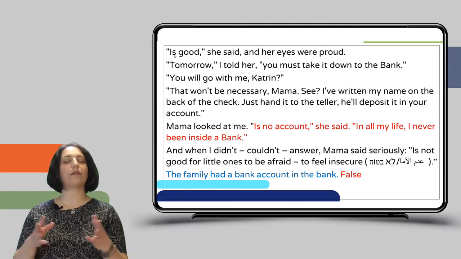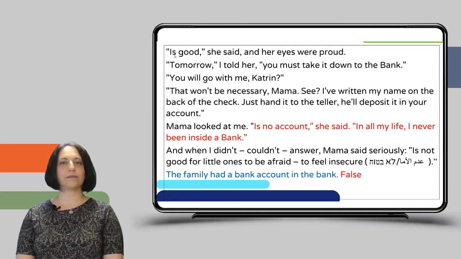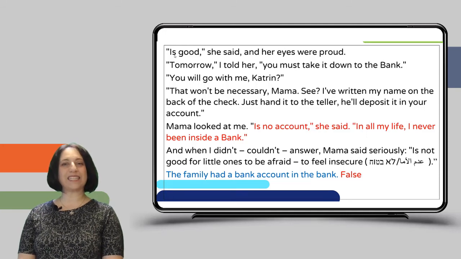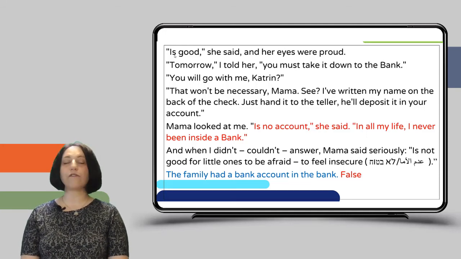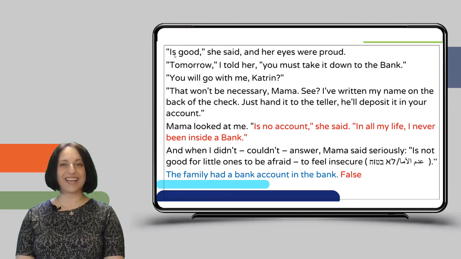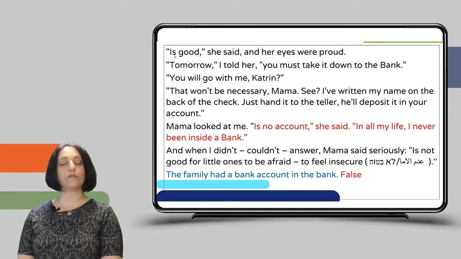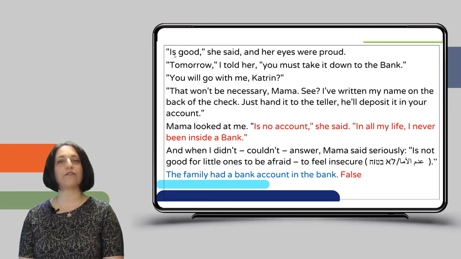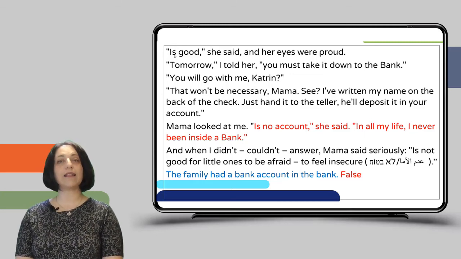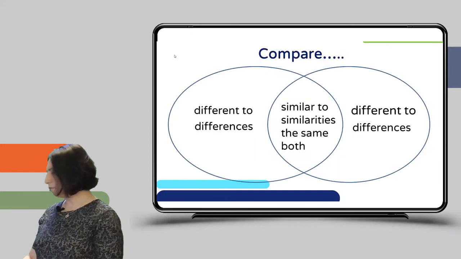And that helped the family feel safe and secure. So that's actually a very good thing that Mama did. The children never felt like they would be like the Jensens. That's very important for children, to feel safe and secure, and to let their parents make them feel safe and secure.